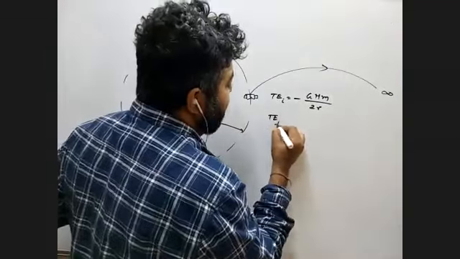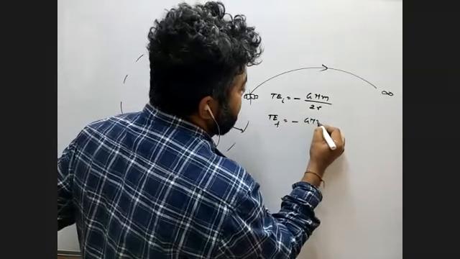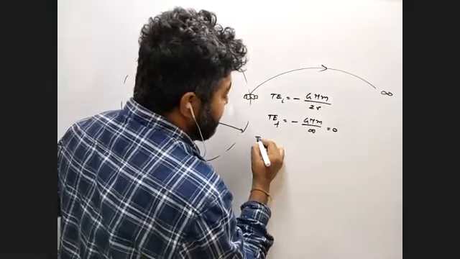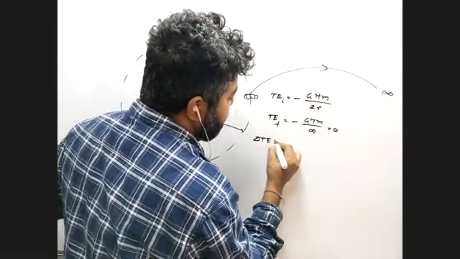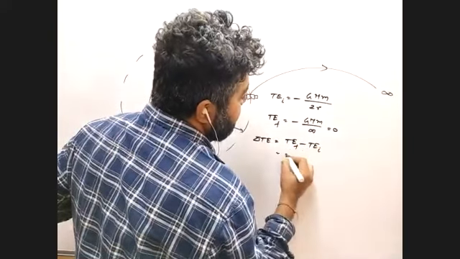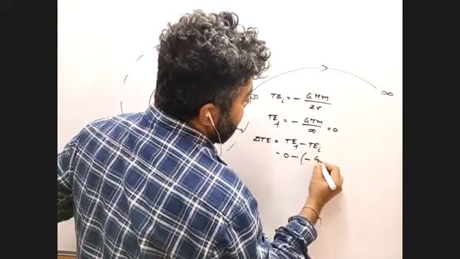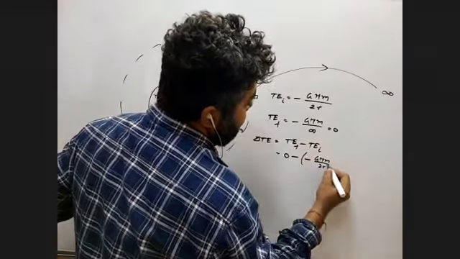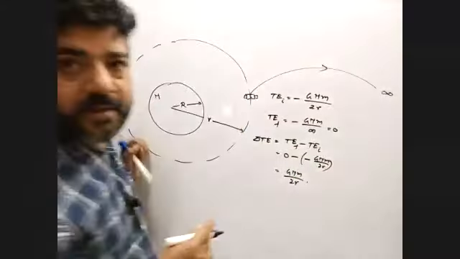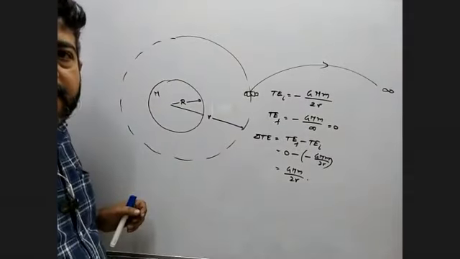Total energy final is how much? Minus GMm by infinity, which is 0. So the total change in energy, how much? Total energy final minus total energy initial: 0 minus, minus GMm by 2r, which is GMm by 2r. Is it clear?